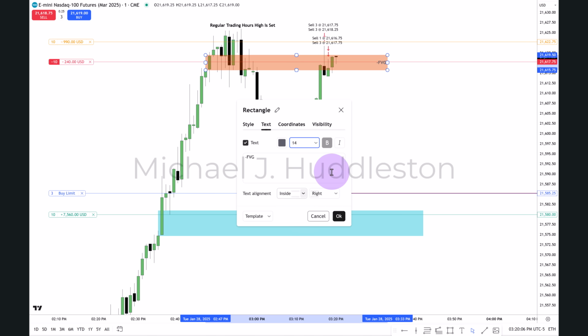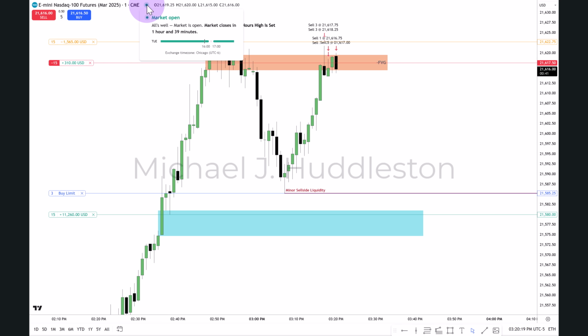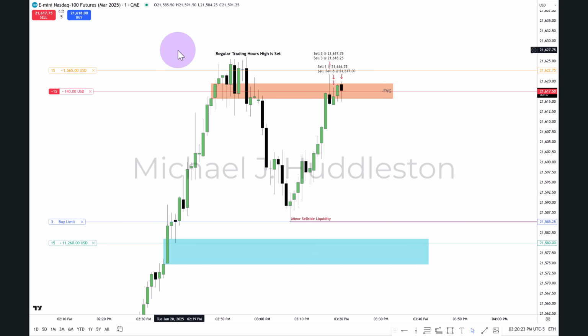So notice the stop loss. And notice also I'm adding right inside the high of that inversion fair value gap. I'll bring this down so I can keep this.